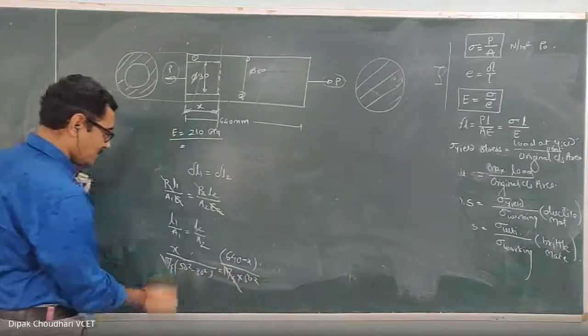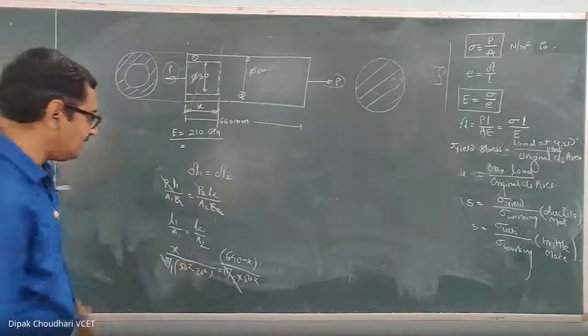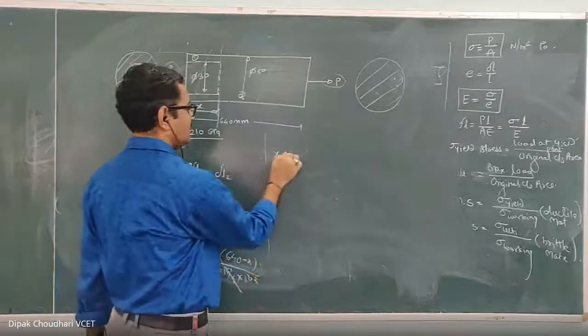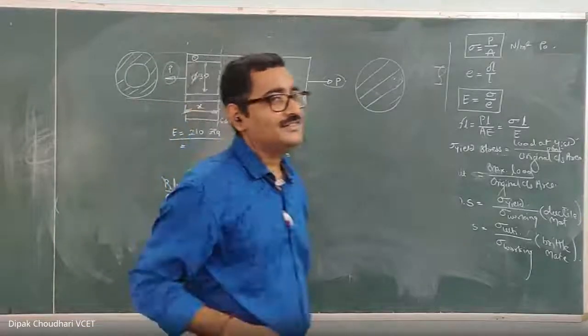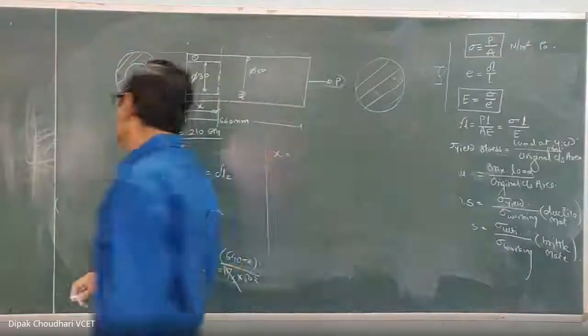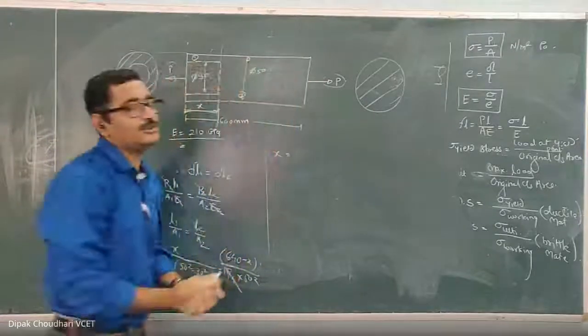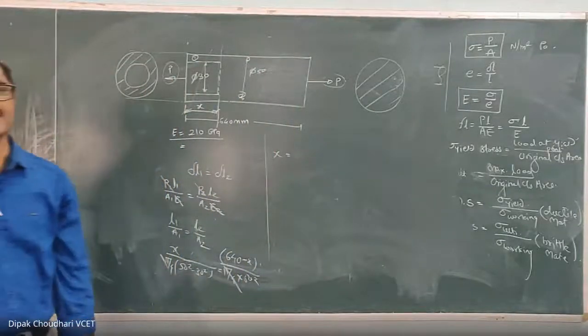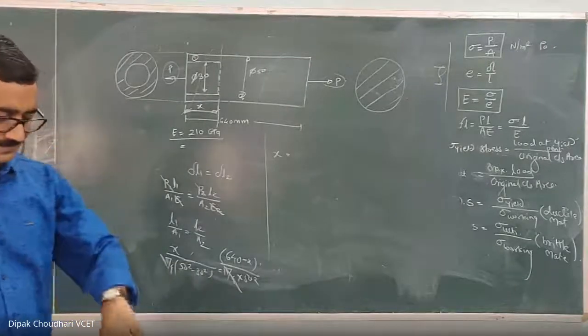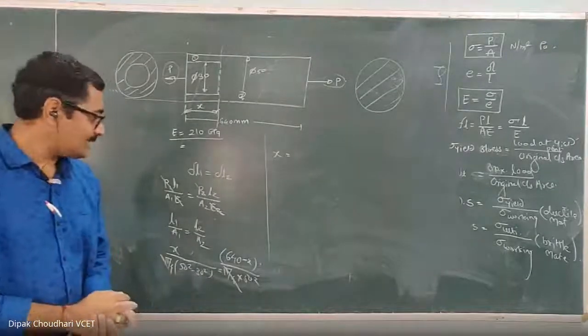Again, this pi by 4 gets cancelled. Simplify this and you will get the answer. This much should be the length of the drill hole such that for any axial force, the deformation of the hollow part equals the deformation of the solid part. Simple question, not that difficult. Calculate and tell me the answer.